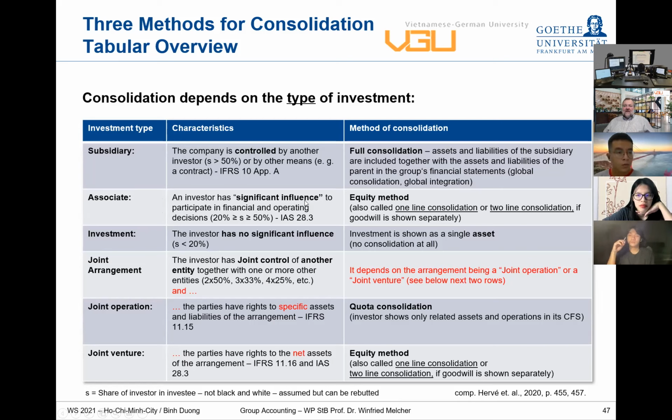Structured entities are entities which have been designed so that voting or similar rights are not relevant in deciding who controls the entity. This is the case, for example, if voting rights relate to administrative tasks only, and the relevant activities are directed by means of contractual arrangements. Okay, that sounds familiar to us.